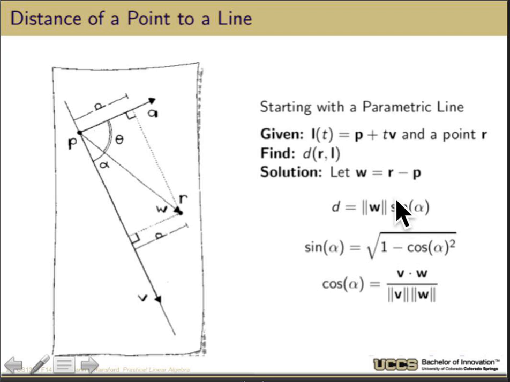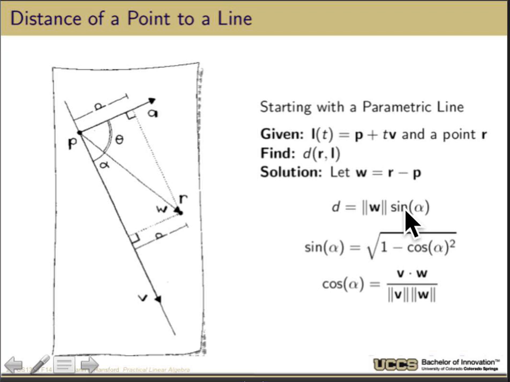We can stick that in, and from that we can get a formula for sine. So a little bit more complicated, but in the end, we have from either parametric or implicit representation, we can compute the distance of a point to a line. So we don't have to convert between them just to be able to compute distances. One is just a little bit more complicated formula.